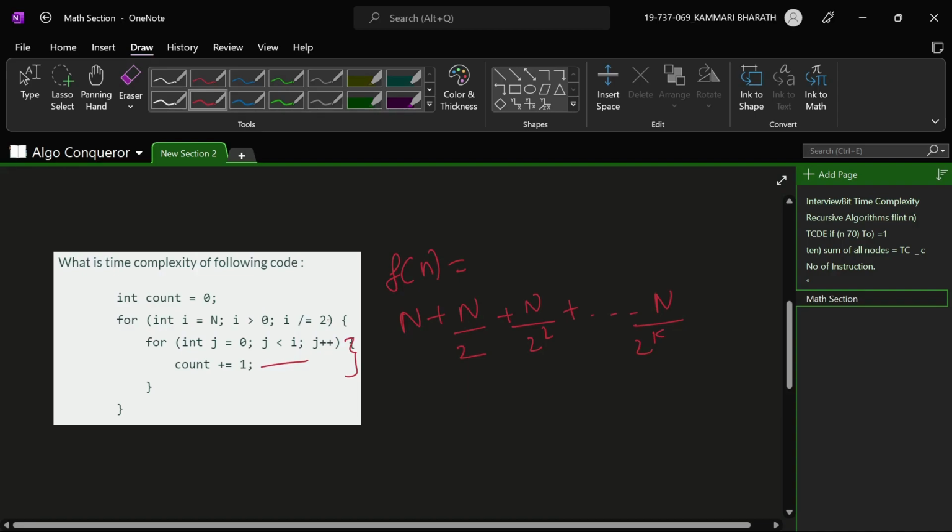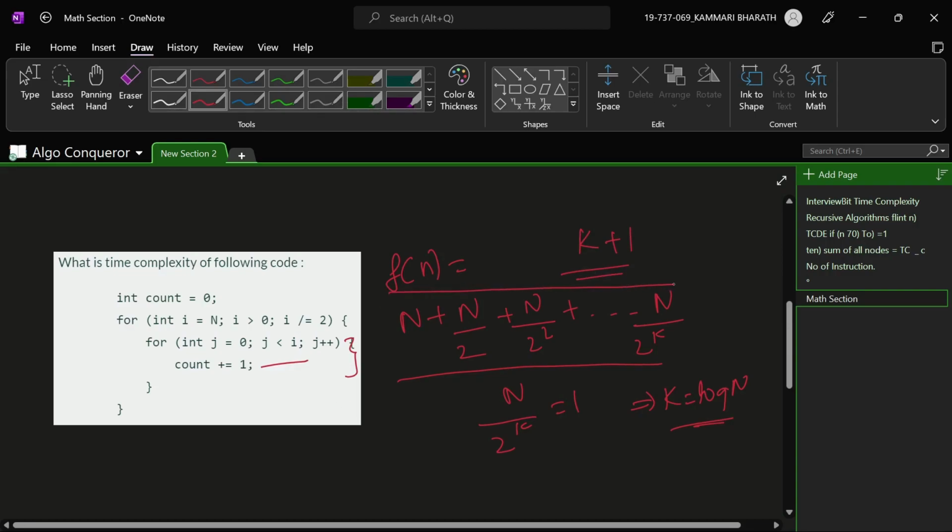And the last valid I is 1. So n by 2 power k is equal to 1, which gives us, as you already know, k is equal to log n, right? And the number of terms in this expression will be k plus 1.